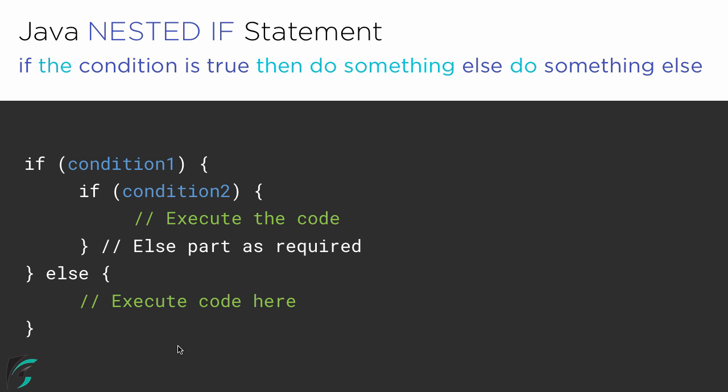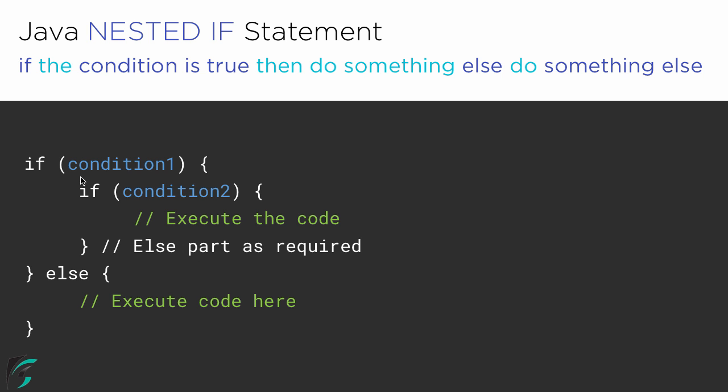So how does it work? Suppose this condition 1 is true, then it will again check for condition 2. If this condition 2 is true, then it will simply execute the code here, else it will execute the code that we write inside the else part if it is present.